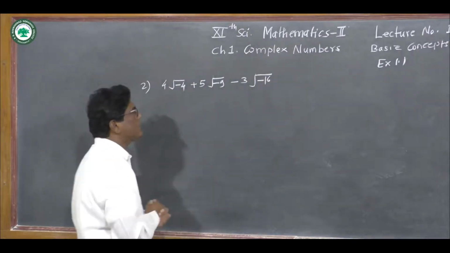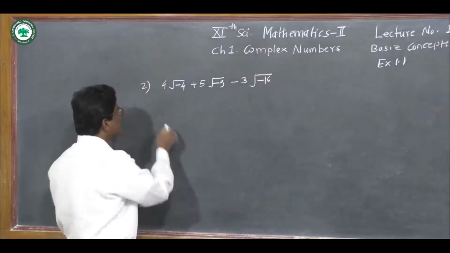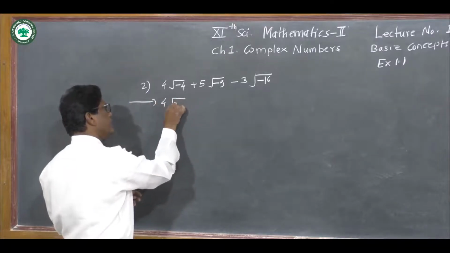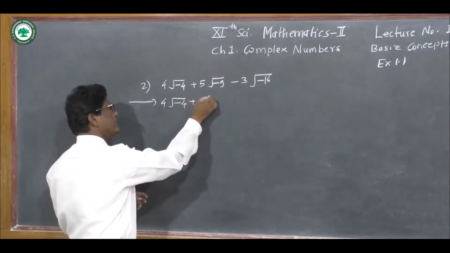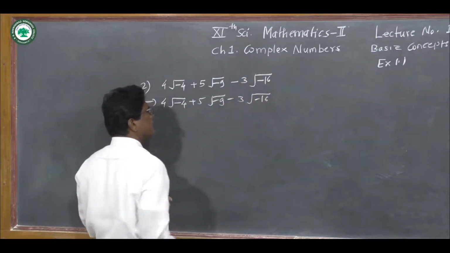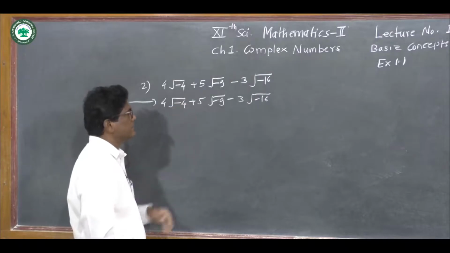We have to find the value of this. So the solution of this: 4 into under root of minus 4 plus 5 into under root of minus 9 minus 3 into under root of minus 16. In the solution, again write this step, the question, as it is.